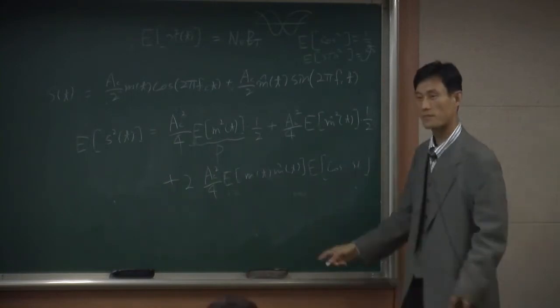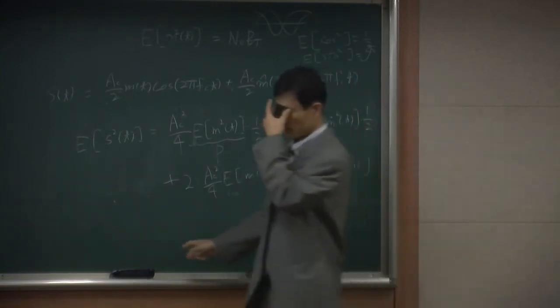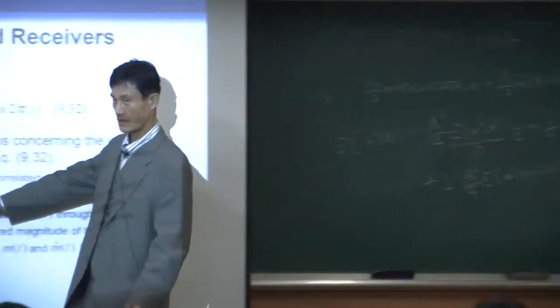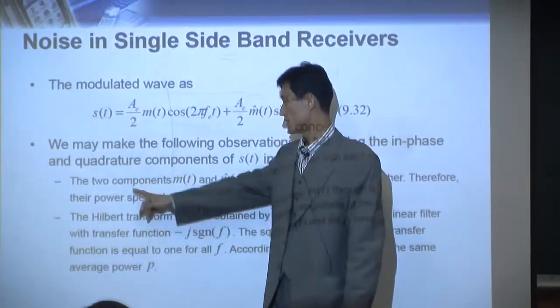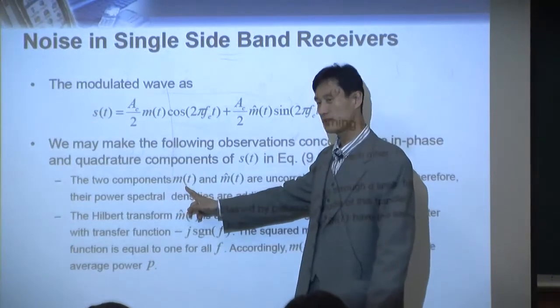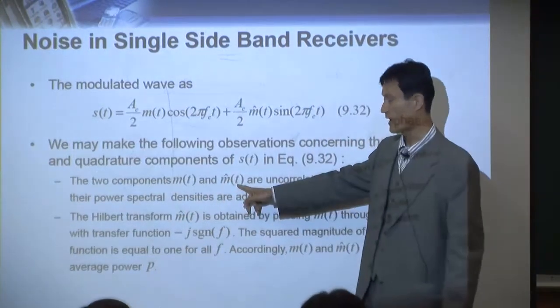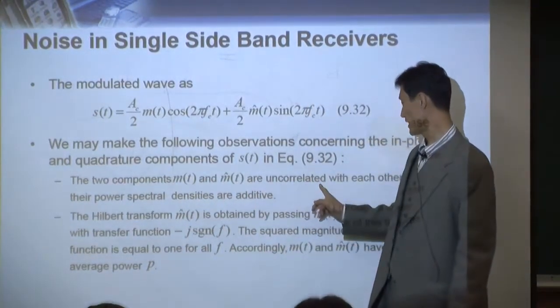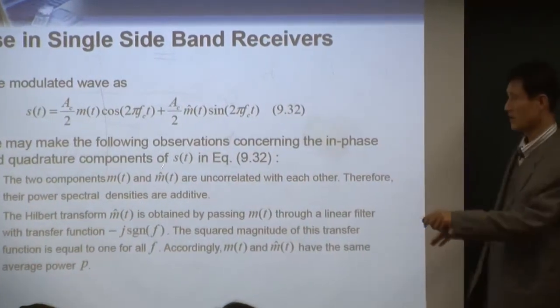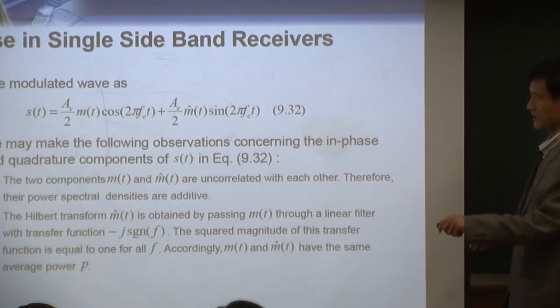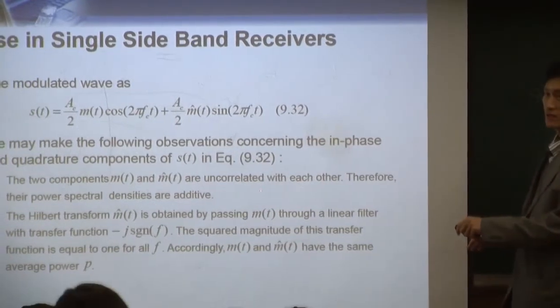You're going to have this term. As you can see here, there is an assumption we have. The two components m t and m hat t are uncorrelated with each other. This is one assumption you have.